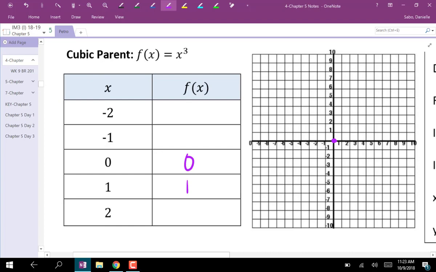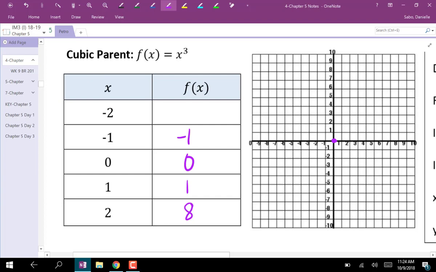Negative 1 times negative 1 is a positive 1. That's 2 times. But then I have positive 1 times negative 1, which gets me negative 1. So you notice the cubic's going to be a little different than the quadratic. Now let's do 2. 2 times 2 is? 4. Times 2 is? 8. Careful. It's okay.